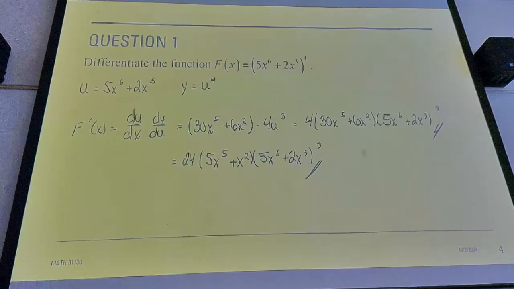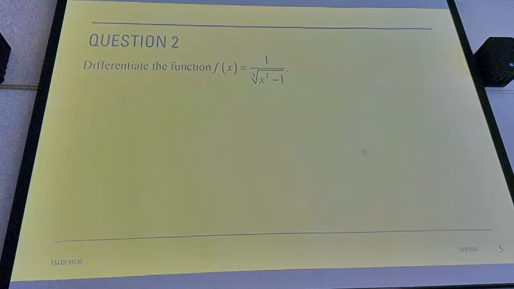And there's no need to expand that. Again, you technically don't have to use chain rule here. You could expand that out to the 4th power. And then just use combination of sum difference, constant multiple, and power. That's too much work.